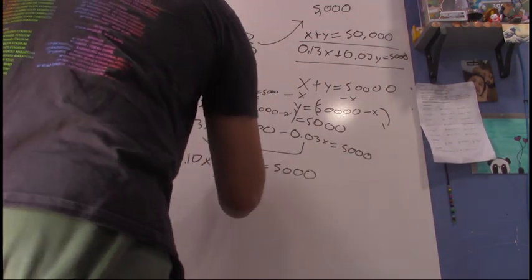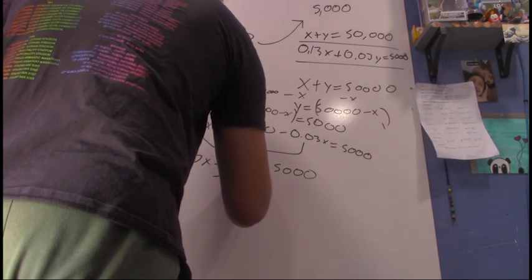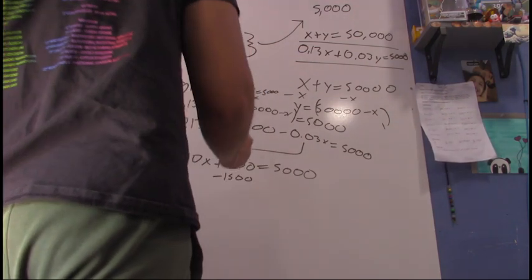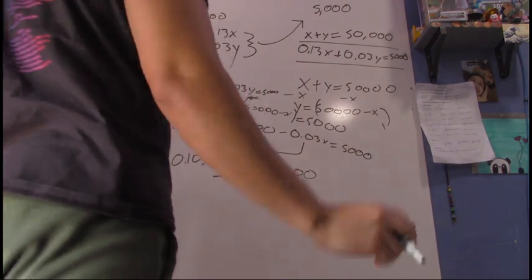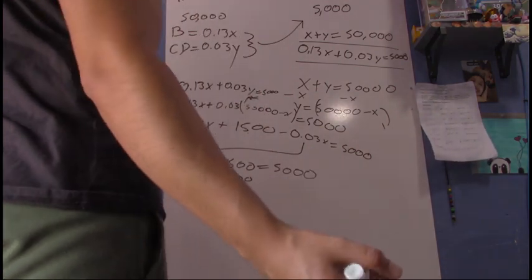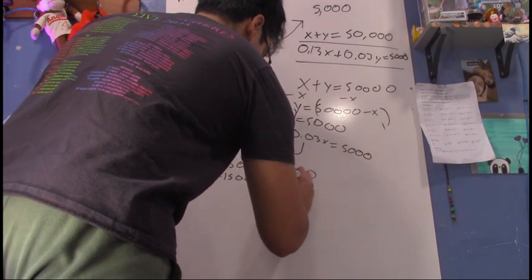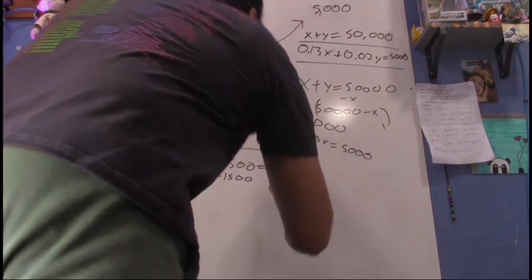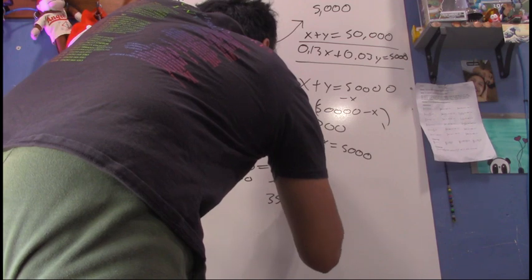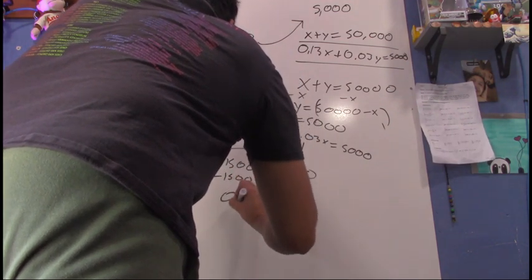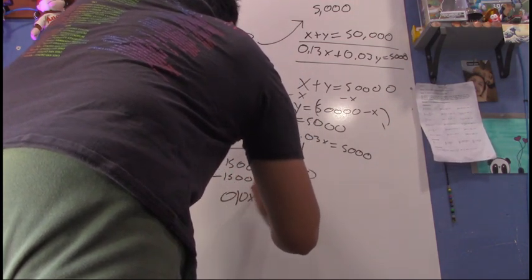Now we subtract 1,500 from both sides. 5,000 minus 1,500 is 3,500. Subtract 1,500 from both sides, we get 3,500 equals 0.10x.